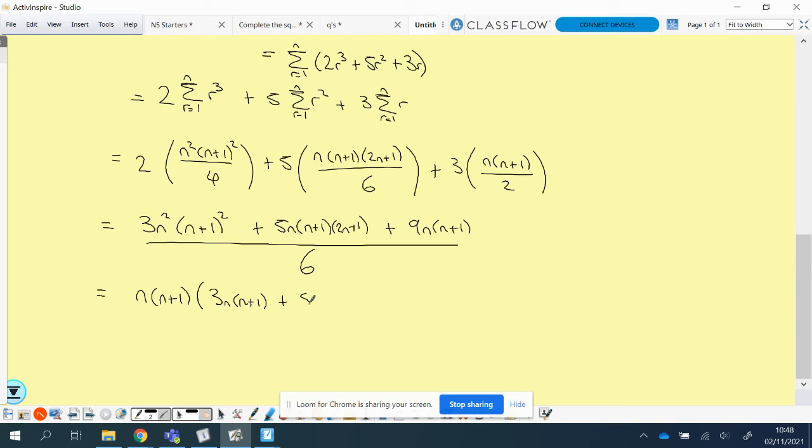Second term, I'm going to have 5 lots of 2n plus 1. And in the last term it will just be plus 9. And again all that is still over 6. So I'll do a common factor of n bracket n plus 1 out as well there.